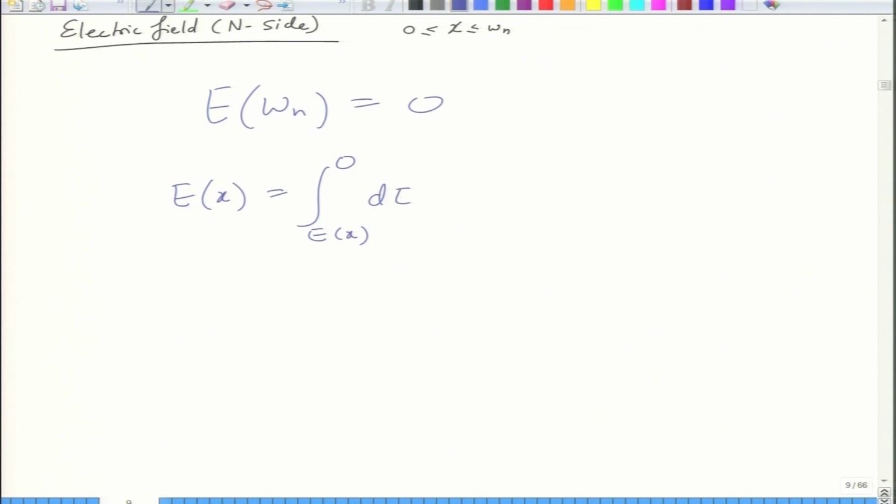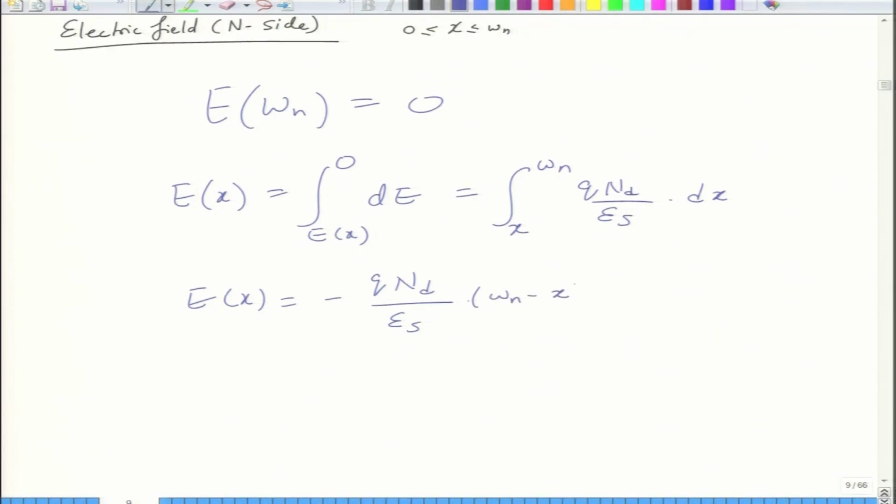So this is dE, and this is integrated from x to Wn, and this becomes q N D divided by epsilon S into dx. If you integrate it, you get E x as minus q N D divided by epsilon S into Wn minus x. Remember, it is integrated from E x to 0, that is why this minus sign comes, and this is valid for x being between 0 and Wn.